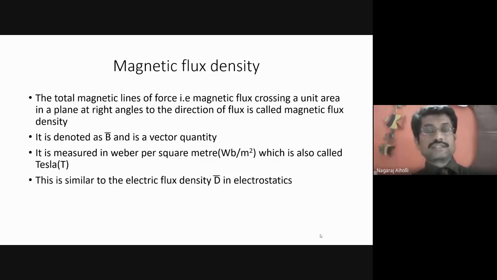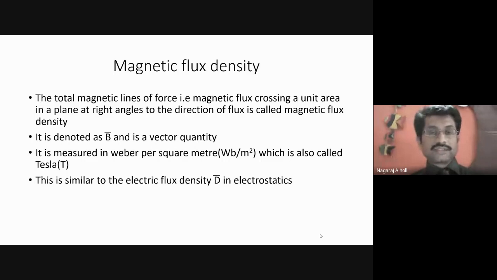Whereas magnetic flux density is the quantity of flux per unit area, where the flux is the amount of flux crossing the unit area, and this flux is perpendicular to the area. So such a quantity of magnetic flux, we call flux density.